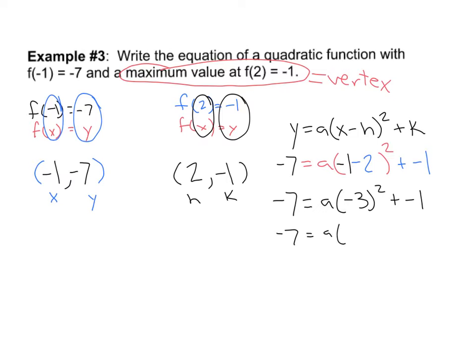-7 equals a times -3 squared, -3 times -3, +9. I can just put -1. And we get -7 equals 9a, because a times 9 is 9a, minus 1.